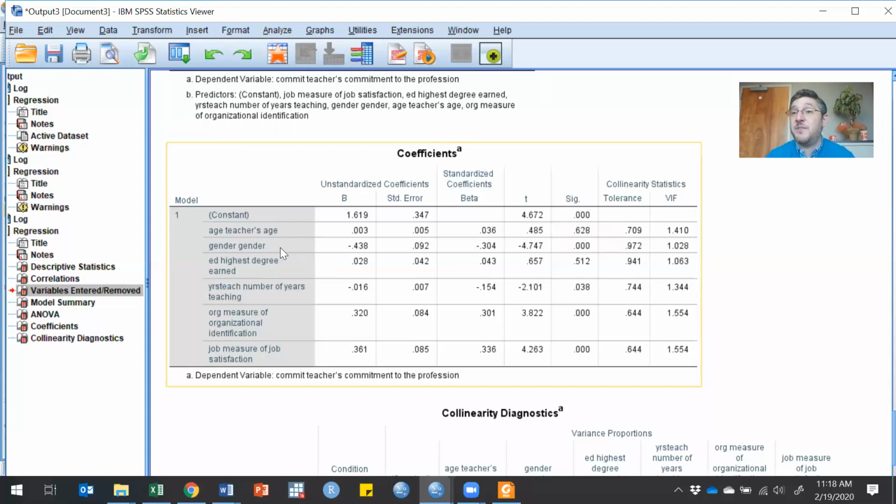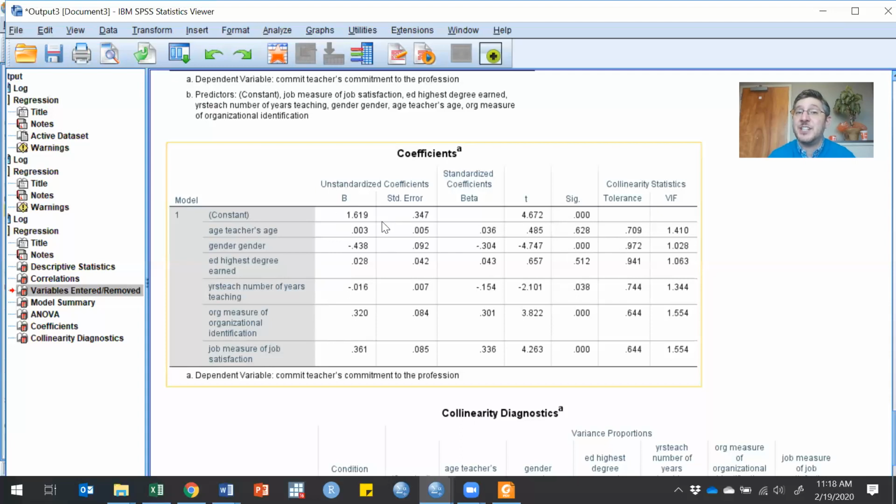Code gender so that females are 0, males are 1. We could dummy code highest degree earned so that 0 represents someone who has a master's degree. For years teaching, we could subtract 1, so that 0 represents somebody with 1 year of teaching experience. We could maybe standardize these measures, so 0 represents the average score on it.